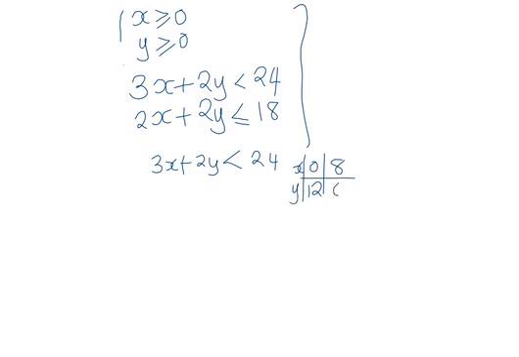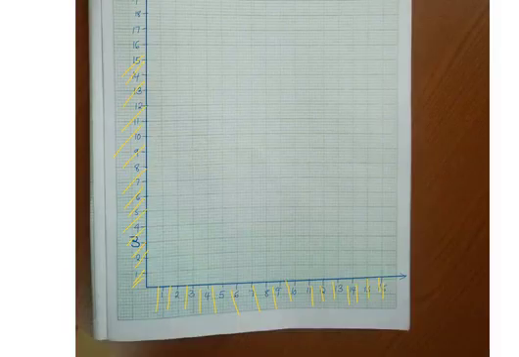So we can plot these 2 points on our grid, that is x 0, y 12, and x 8 when y is 0, this point. We join those 2 points using a straight line.